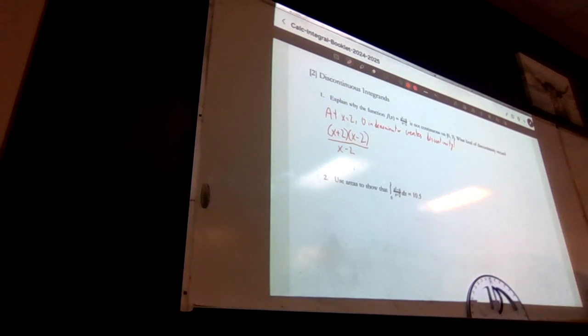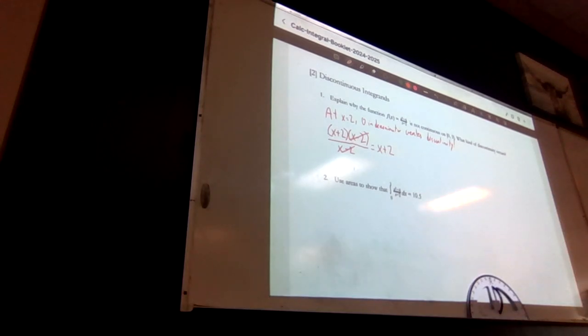And what graph are we left with? What is the end behavior of this function going to be? This is going to be equal to x plus 2. So if you graph this in your graphing calculator, it will look a lot like just x plus 2. There might be a little bit of weird stuff happening around the value of 2.